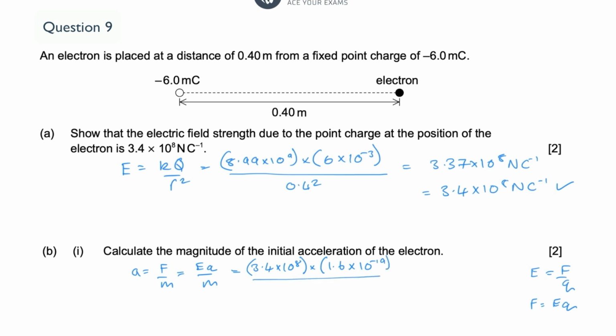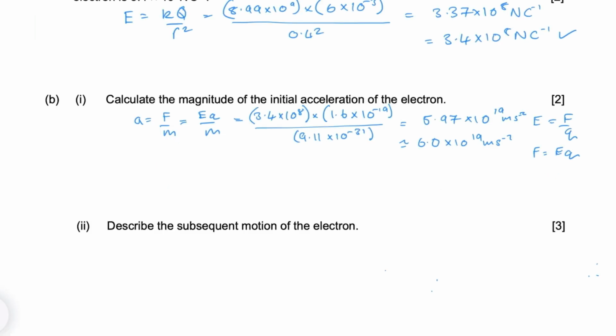The mass of an electron is 9.11 times 10 to the minus 31. Find that from the data booklet. And that gives us an answer of 5.97 times 10 to the 19 meters per second squared. I think that's a bit too many significant figures, so we're going to do 6.0 times 10 to the 19 meters per second squared.